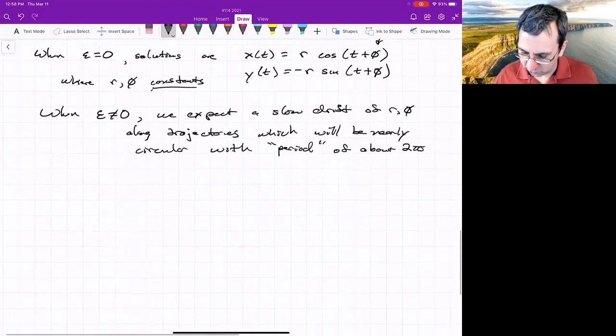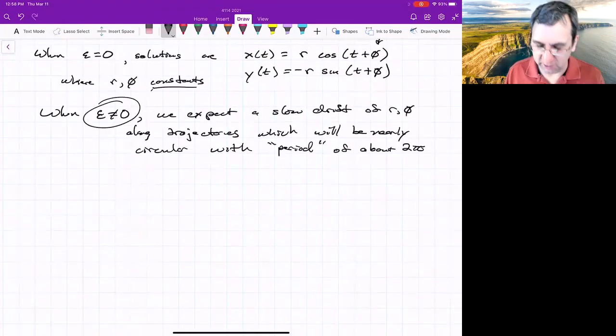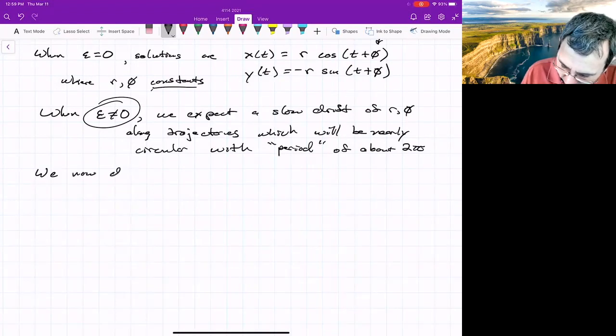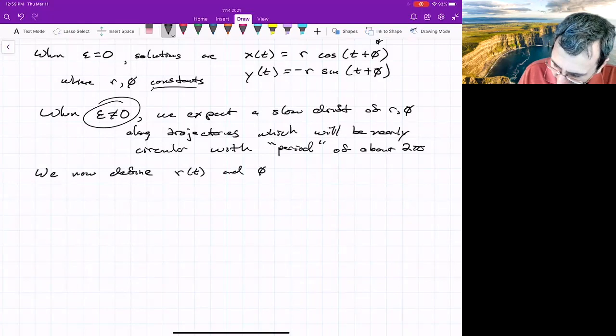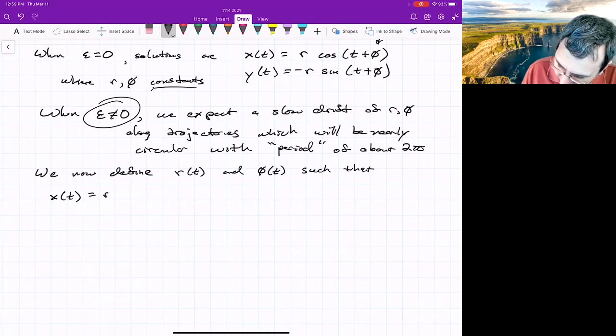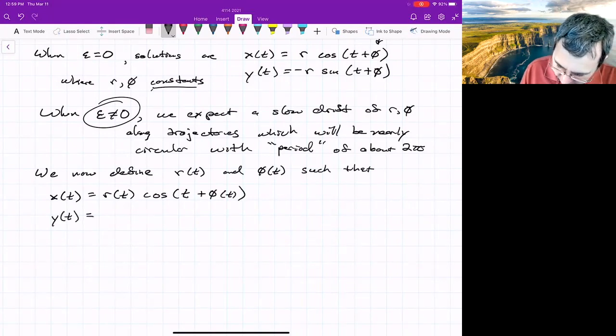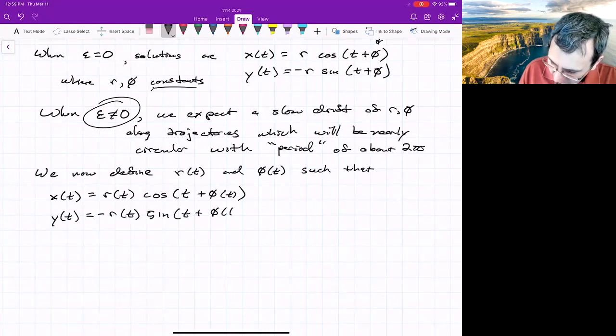So now, for the case of epsilon not equal to 0, we allow the possibility that r and phi are functions of time. We now are going to define r as a function of time and phi as a function of time, such that x as a function of time is r(t) times cosine of (t plus phi(t)), and y is negative r(t) sine of (t plus phi(t)).